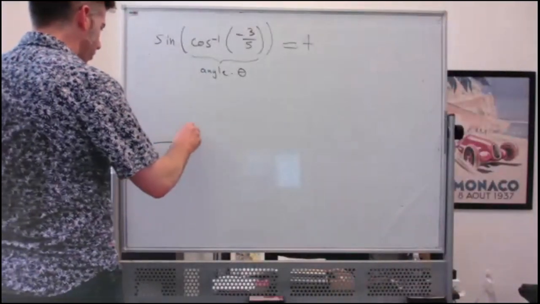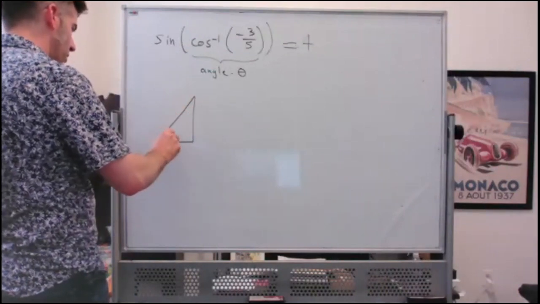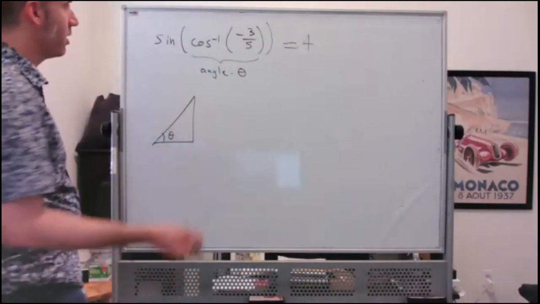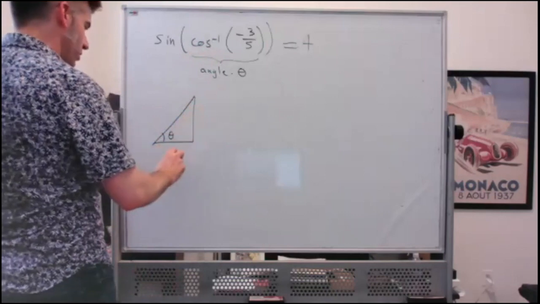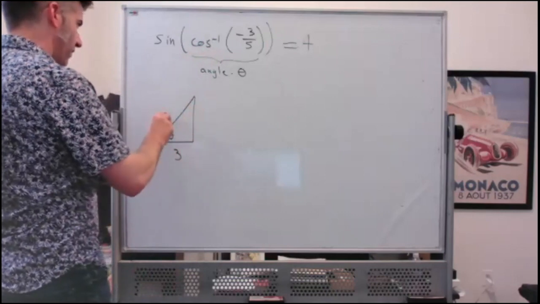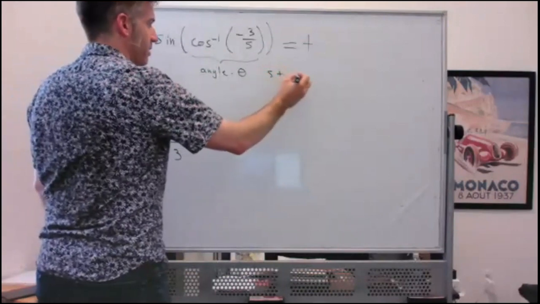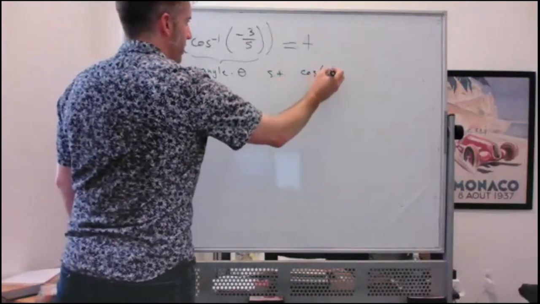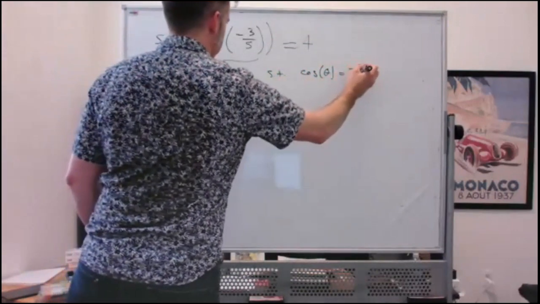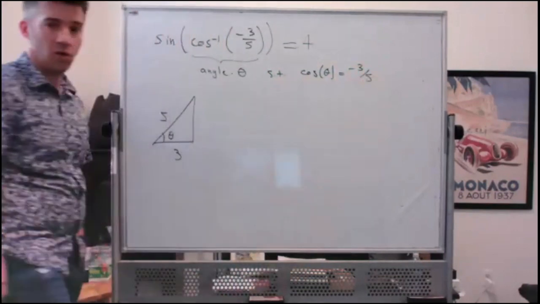So let's draw the triangle for the angle. It's the angle such that cosine of the angle equals negative 3/5. That's the whole deal.